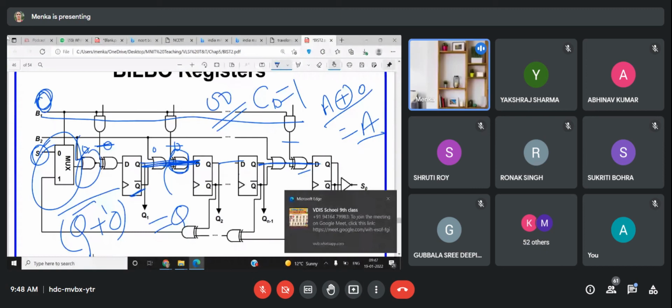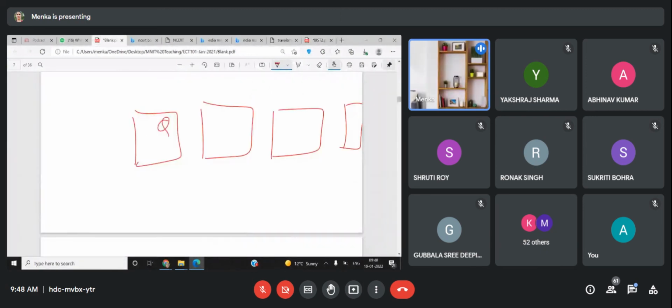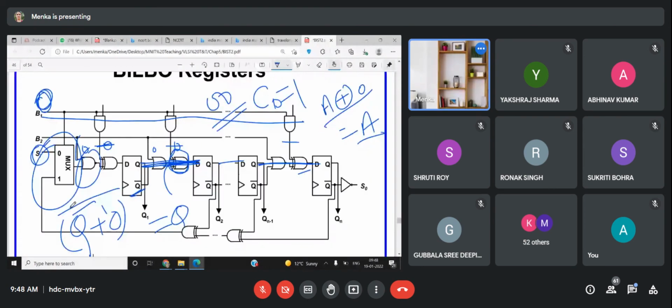So in a simplified manner, it will look like this, that the Q of every D flip-flop is going to be like this, and the input is the SI. The input was taken from the SI, and this is getting, ये देखिए, because this B1 was 0, so this 0 means through this it is going to be at the output.